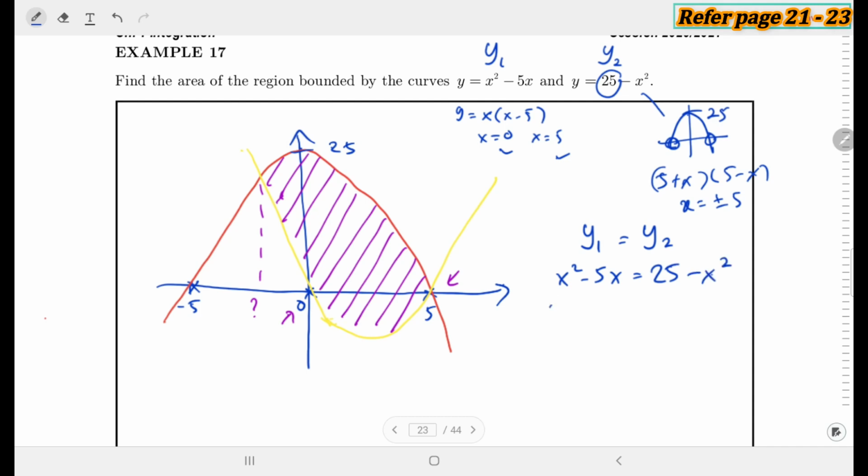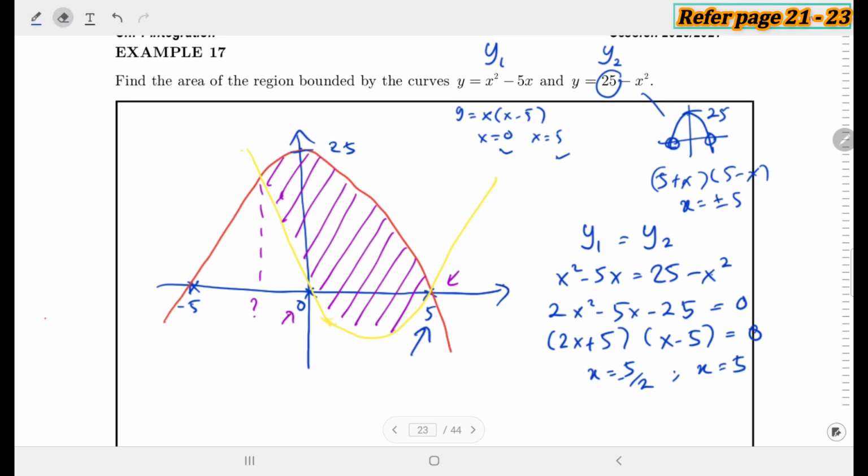This results in a quadratic equation, 2x squared minus 5x minus 25 equals 0. It can be factorized into 2x plus 5 and x minus 5, so now our x is negative 5 over 2, and also x equals 5. So x equals 5 is already here, and this point here is negative 5 over 2.